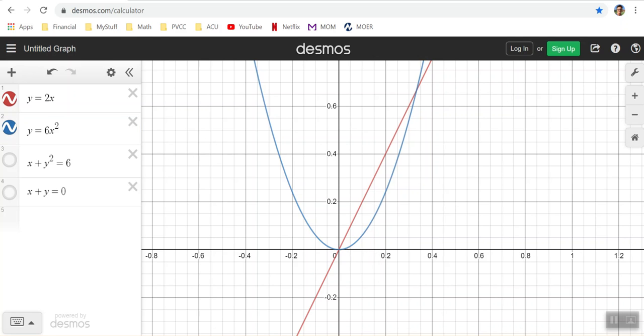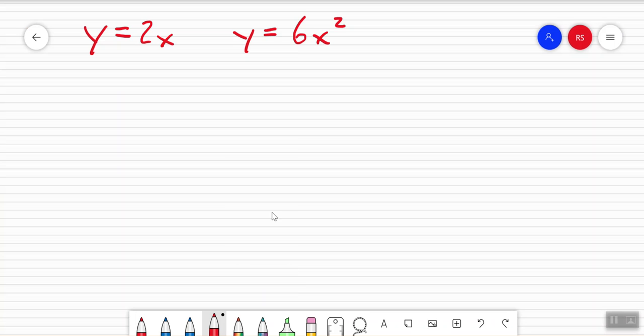Of course, you could do this algebraically if you were so inclined. You could simply take 6x squared and set it equal to 2x, because we want to find algebraically where these two curves, or these two functions, are equal to each other. In other words, where they cross. So to do the old-fashioned factoring method, I would simply subtract 2x to the left-hand side, set that equal to 0.